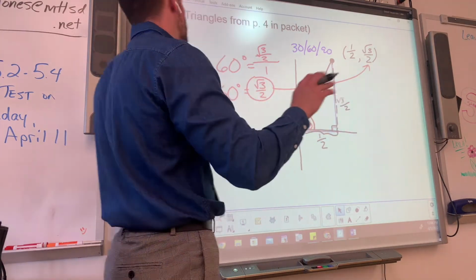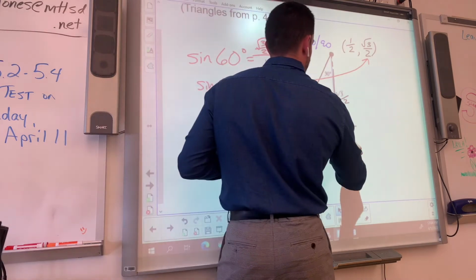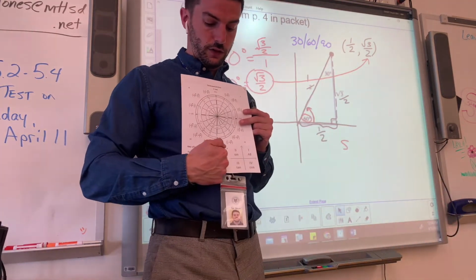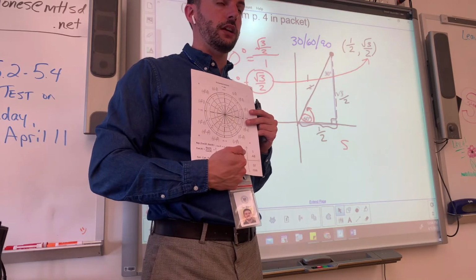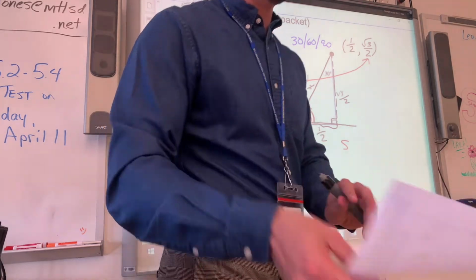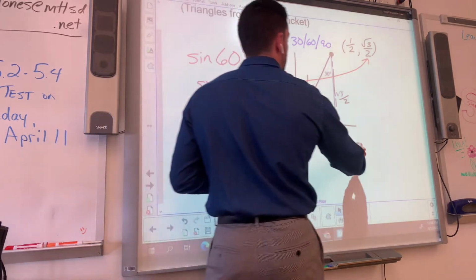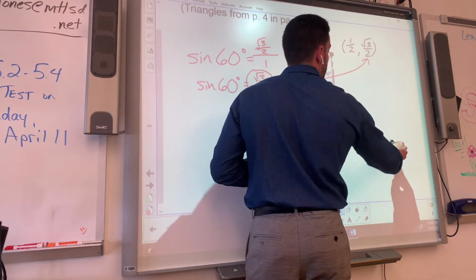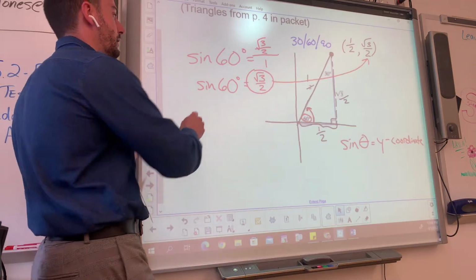That's huge. It's printed on your packets at the very bottom of your unit circle, so you'll be given this on the test. Finding the sine of any angle on your unit circle is just equal to that y coordinate, and the same thing happens for cosine too.